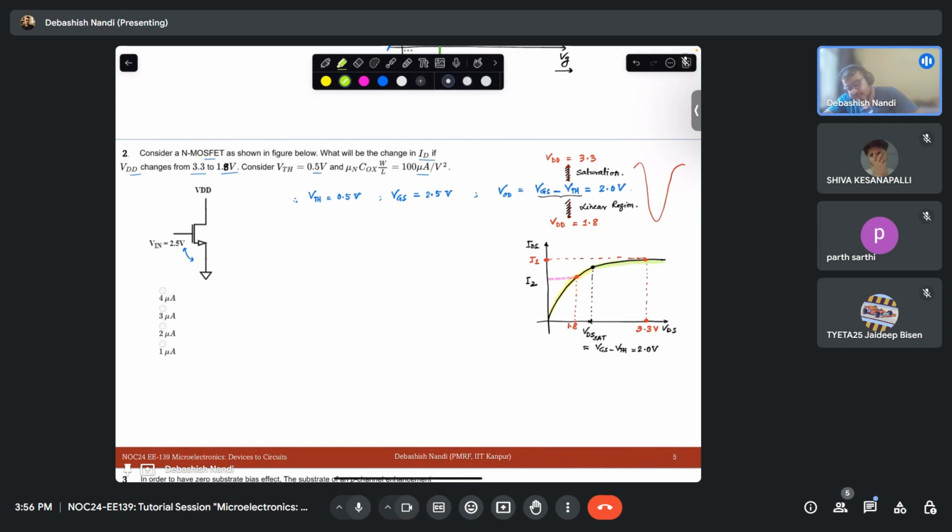This green region is the saturation region, and this yellow region is the triode or linear region.